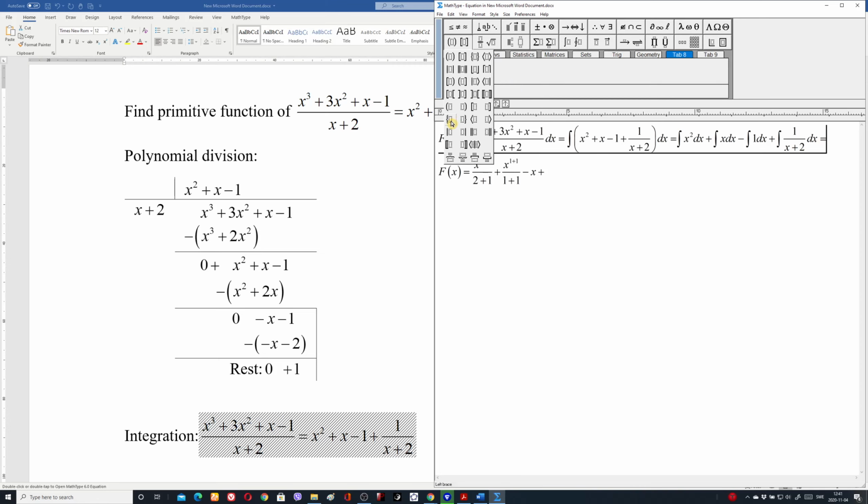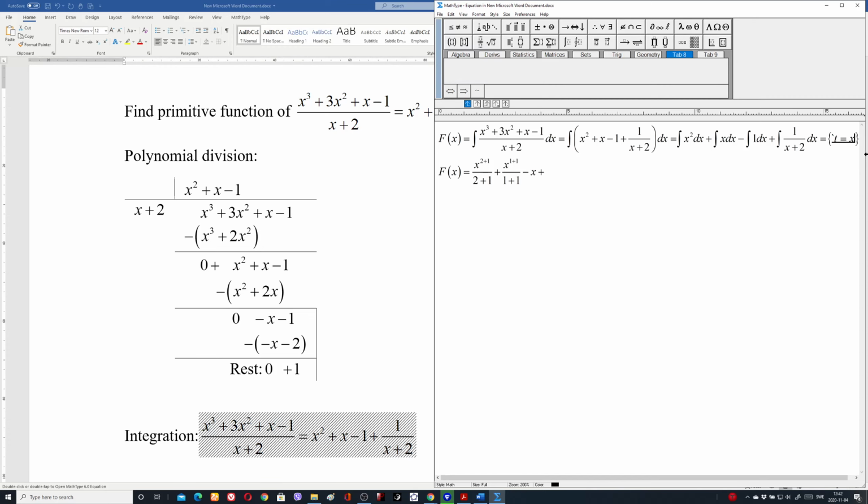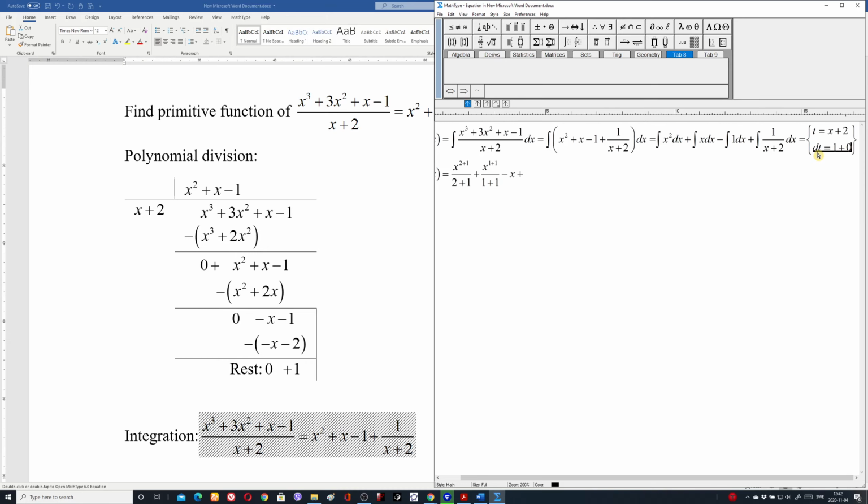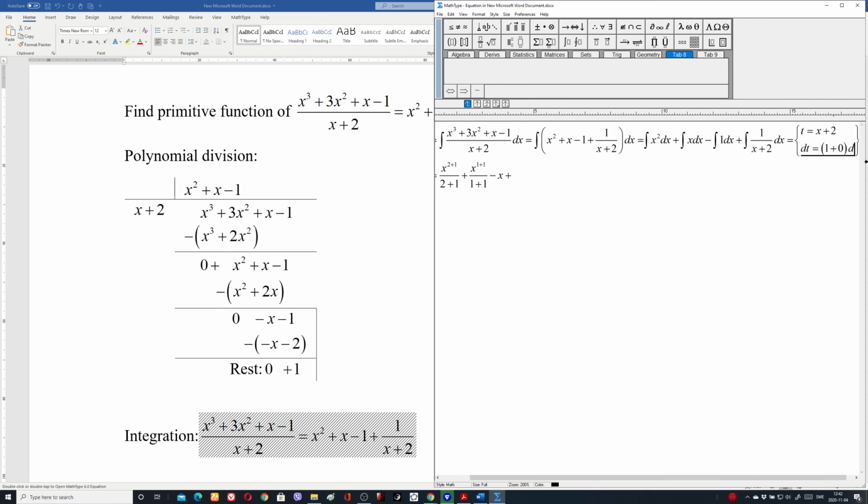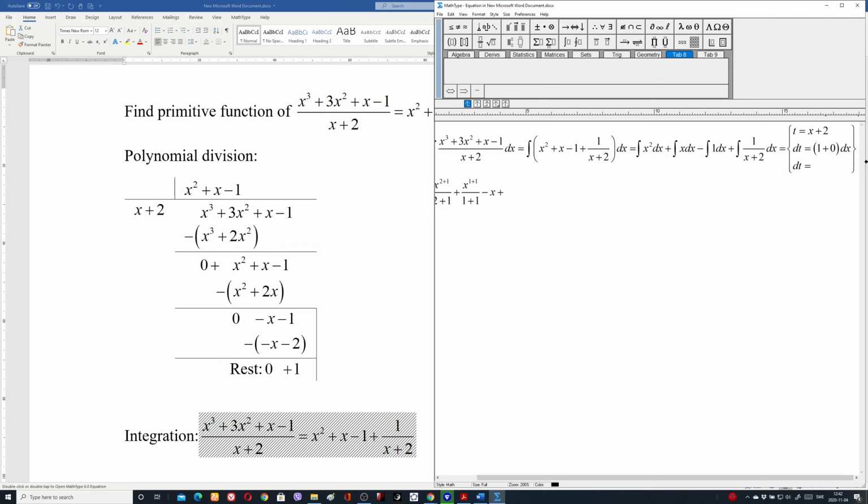Before I continue here, for this fraction I will take t equal to x plus 2, which means that when I take the derivative, dt is 1 plus 0, because the derivative of x is 1 and of the constant 2 is 0, and this is equal to dt, dx, or dt is equal to dx.